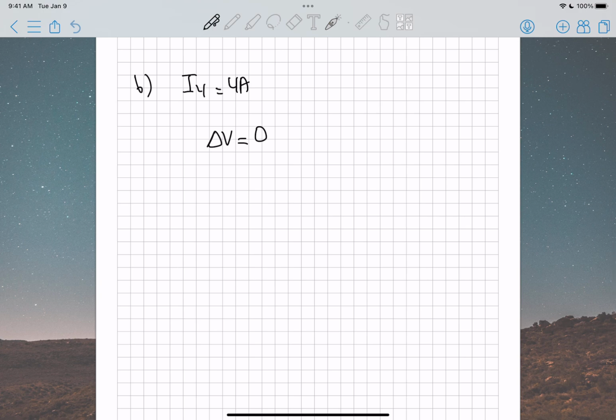then let's just look at I1, R1, and then plus I4, R4, and that should just be equal to 0, technically.